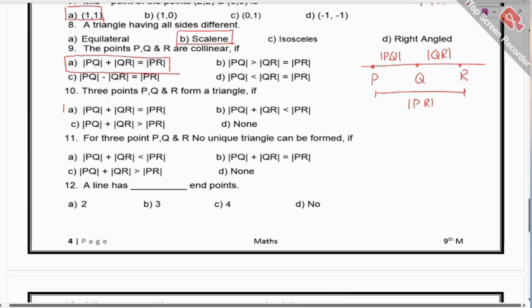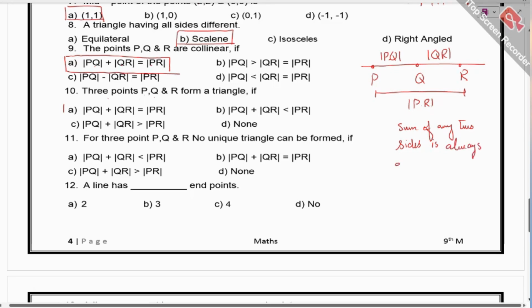3 points PQR form a triangle if. So we have studied that in a triangle, the sum of any two sides is always greater than third side. So keep this thing in mind. That is the one property of triangle.